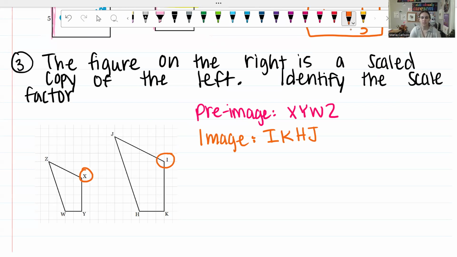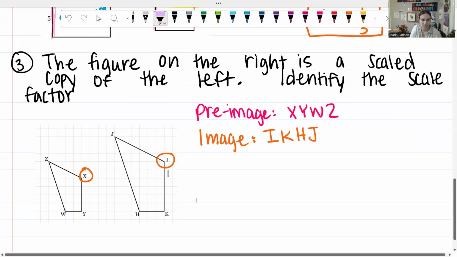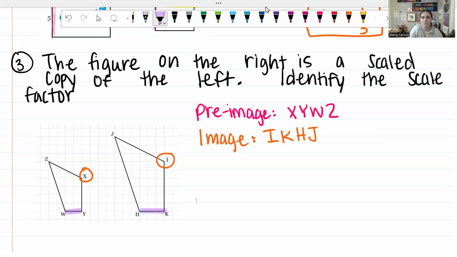So what would the scale factor be? I could use any corresponding sides between the pre-image and the image, but I would rather use ones that I can easily count. And I could easily count WY and HK. So WY, that is 2 units, and that's in the pre-image.